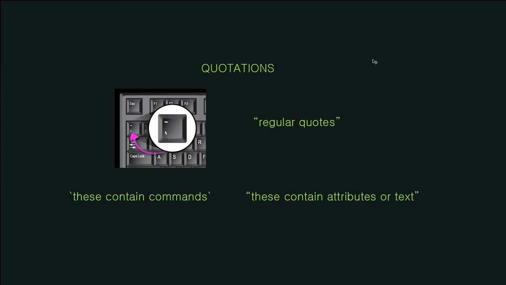Next we have the quotations. Now, I decided to put this as something rather important, especially showing you the keyboard in this particular case. Most people know where to find the quotes, but this one looks like an apostrophe or a comma. It can be a little bit confusing, and these are used to contain commands, any kind of instructions you want to give.